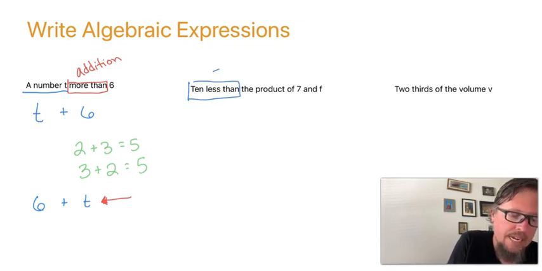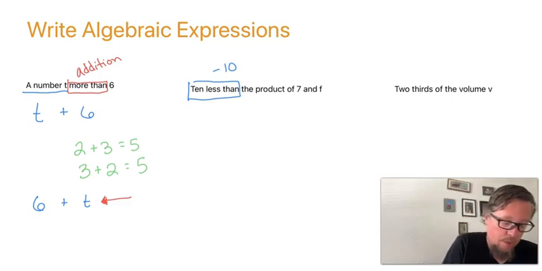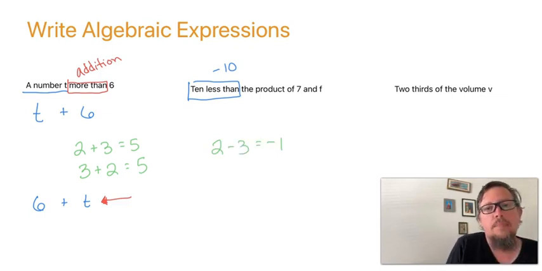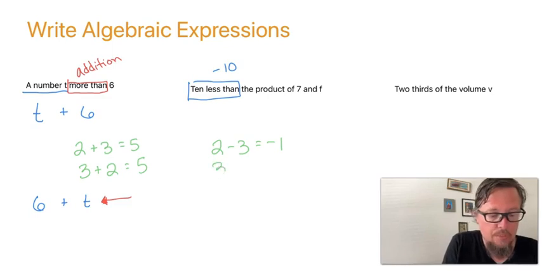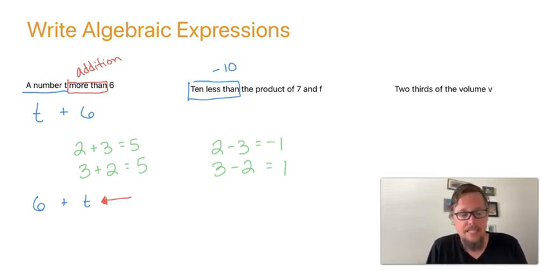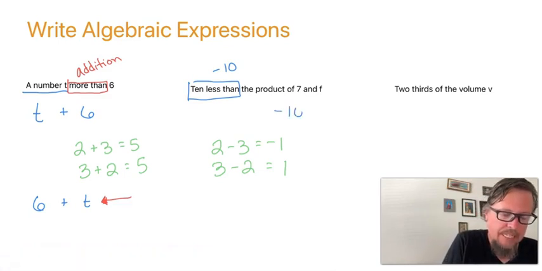This means minus 10. And in subtraction, the order matters. If I said, what is 2 minus 3? The answer is -1. But if I switch the order, 3 minus 2, the answer is now +1. In subtraction, the order matters. So when we say 10 less than, we cannot do 10 minus. It has to be minus 10.